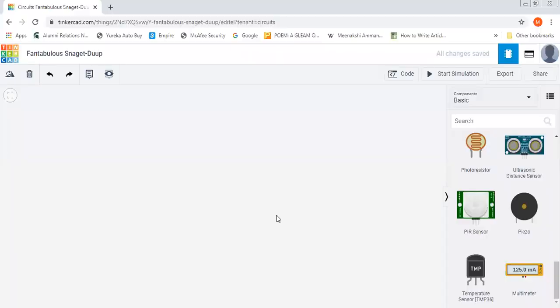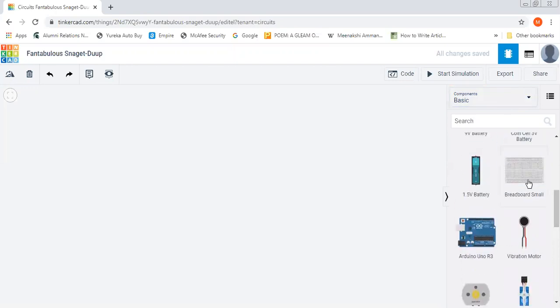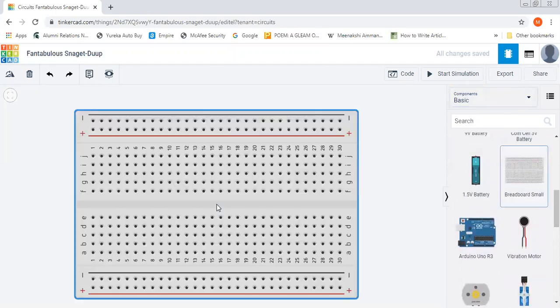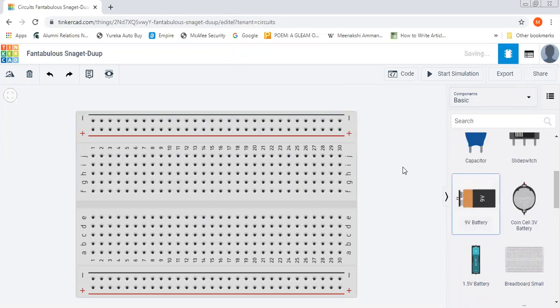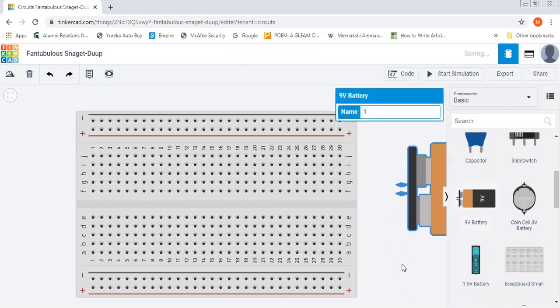So this is the environment of Tinkercad. We will first of all search one breadboard here. So here we have one breadboard. Then we will bring one battery. Here we have a battery. Let us power the breadboard with the battery.